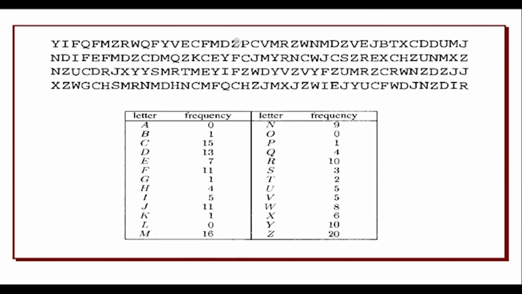Here Z is the most frequent alphabet, so it is quite clear that E was mapped to Z. Then the next most frequent is this one with 16, M. So, that means T was mapped to M, like this.